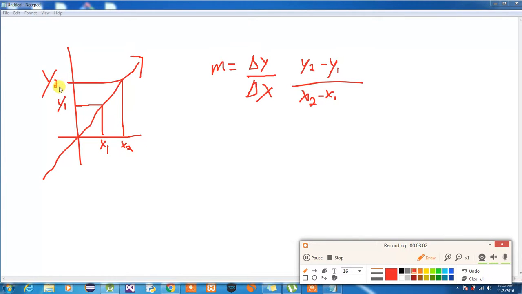And you know how to just plug those 2 points in, subtract them, and then divide them, and that's how you get your slope. But that is also what the derivative is. Only the derivative is the slope over a very small distance.